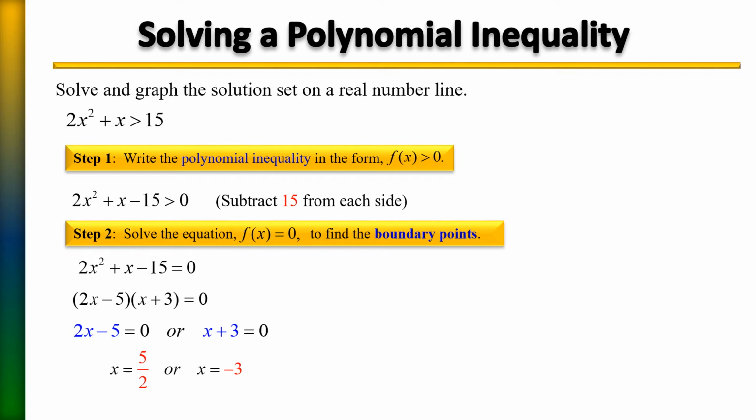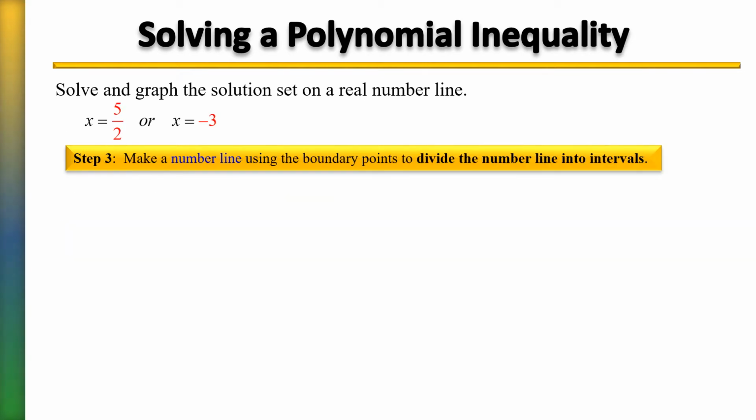These are our two boundary points, which we're going to mark on a number line, and it is at these boundary points that we're going to divide our number line into intervals. I can already see that we're going to have 1, 2, 3 intervals. So let's proceed to the next step, which is to make those intervals.